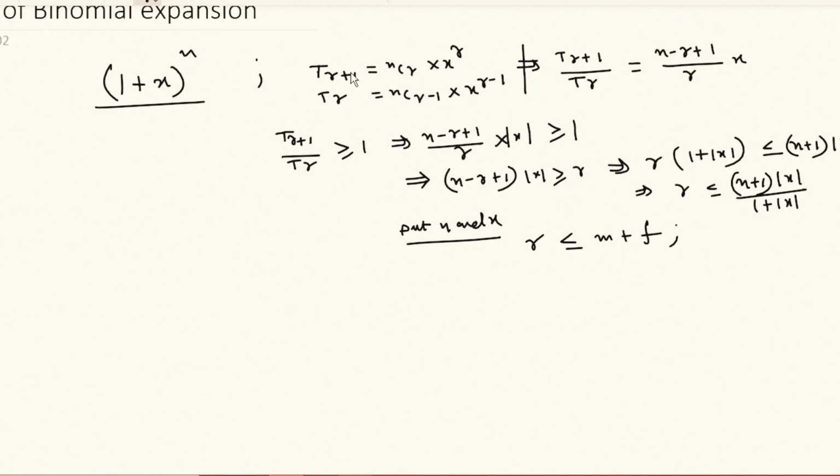If by putting n and x you get r less than or equal to m plus f, this will imply that r cannot be a fraction, so r will be less than or equal to m. And this m stands for a positive integer, and that fraction f is a proper fraction, greater than 0 and less than 1.